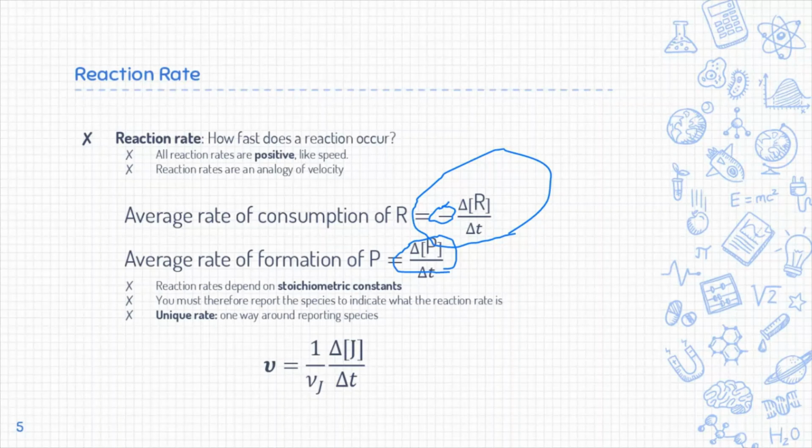All right. So one more thing. In terms of reaction rate, not rate law, you have to consider the stoichiometric numbers of a chemical equation and report the species to make sure your rate is correct. So here, what is the difference between R and P?